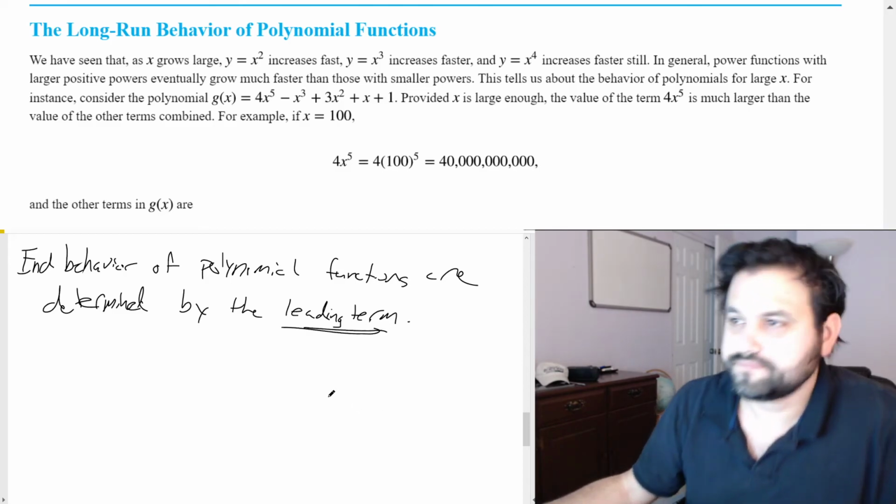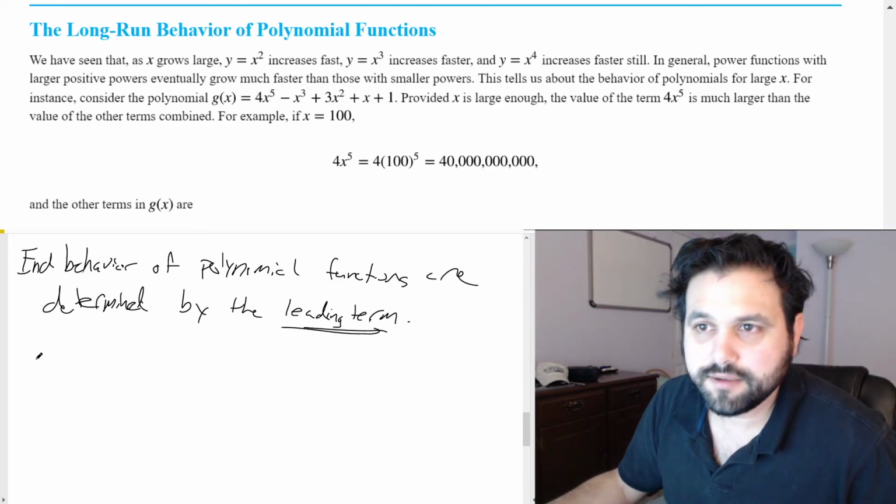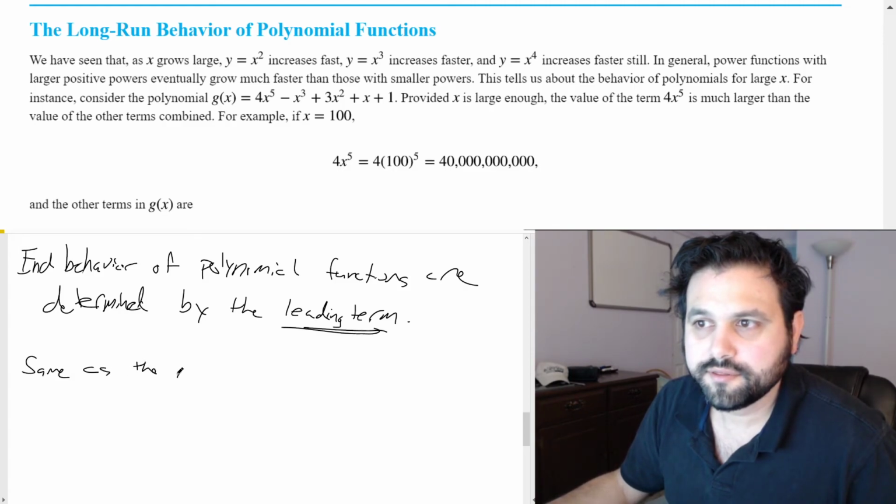They are the same as the power functions.